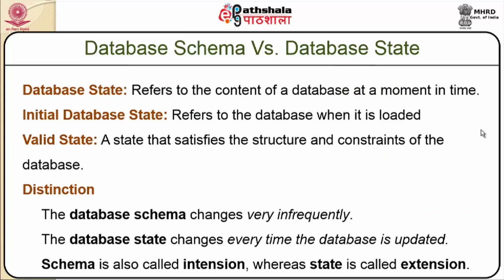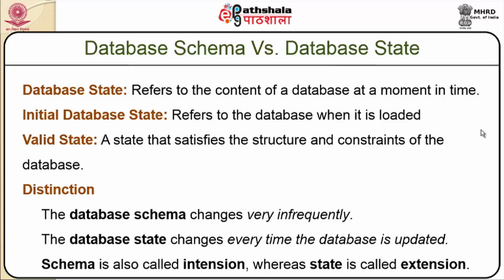So, how do we compare the database schema and the database state? To start with, what we have seen is a database state, which refers to the content of a database at a moment in time. The initial state of a database refers to the database when it is loaded. The valid state is a state that satisfies the structure and constraints of the database.